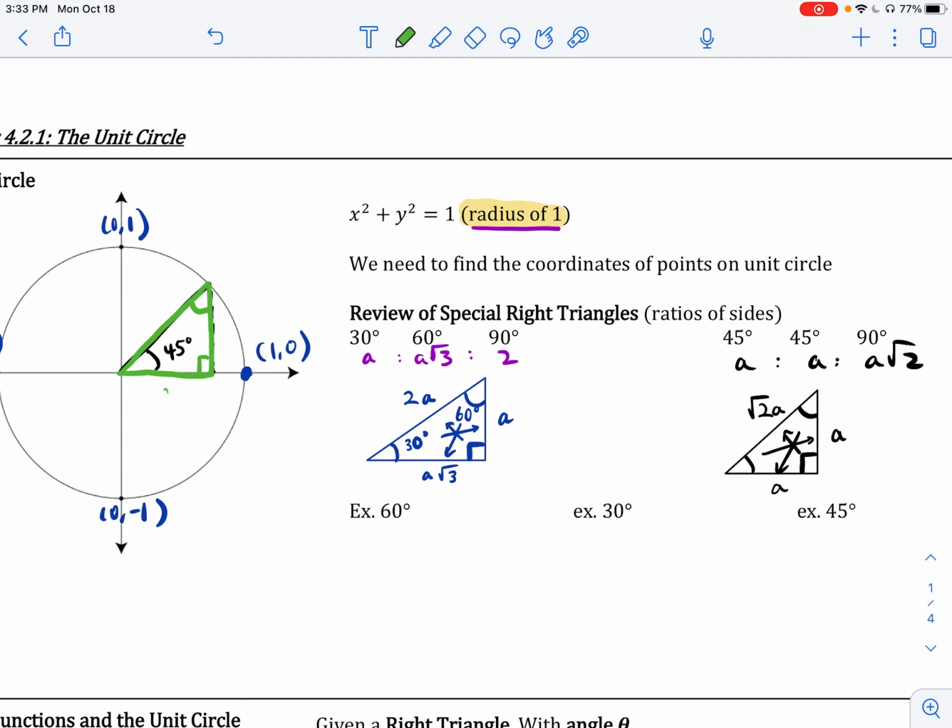We know that this hypotenuse is a root 2, and a root 2 is equal to 1 because our radius is equal to 1, which means a is equal to 1 over root 2. If we rationalize this, it would be root 2 over 2. So our hypotenuse is equal to 1, and each of our legs is equal to root 2 over 2.